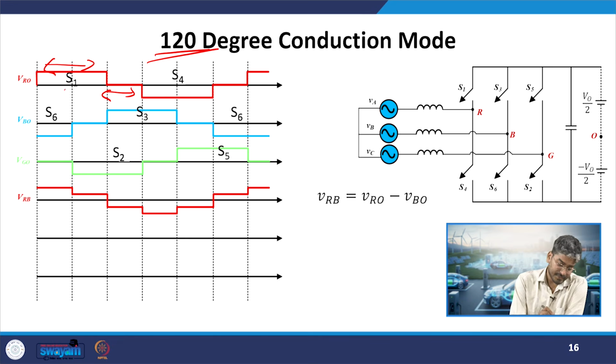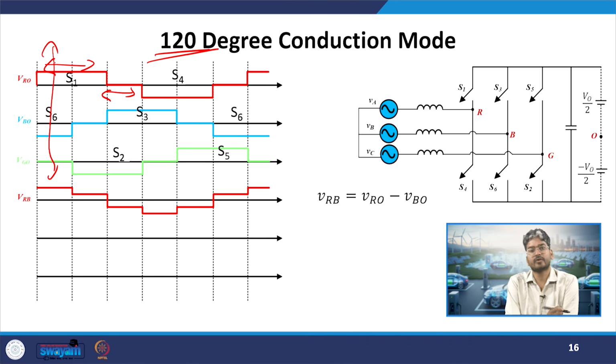In this case, how many switches will be there at any point of time? If you see, we will have 2 switches in the on state and 4 of them in the off condition. So, we sometimes call this the 2 switch conduction mode of operation. Each switch will be conducting for 120 degrees and off for the remaining part of the cycle. These are the pole voltages.